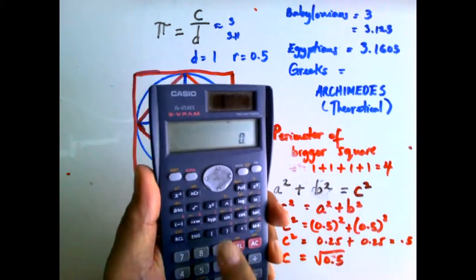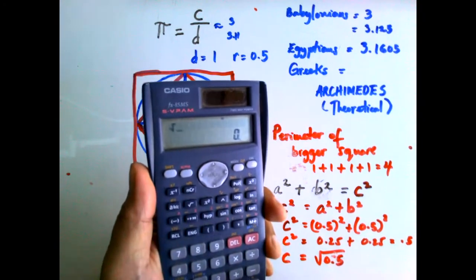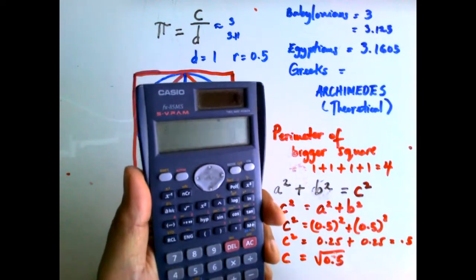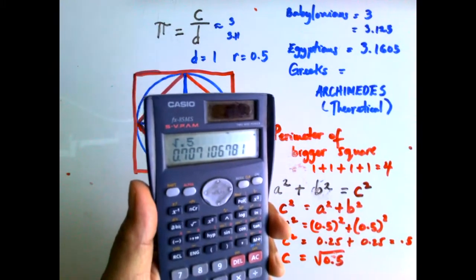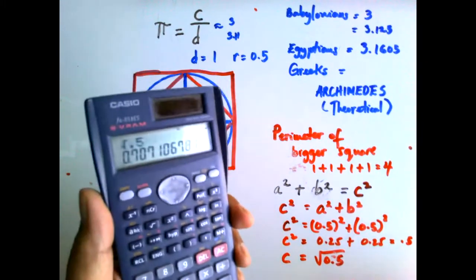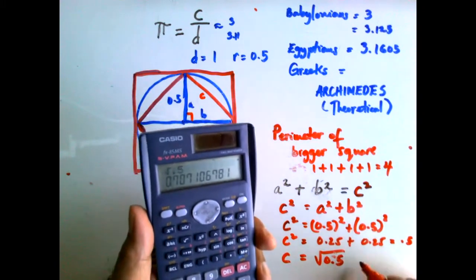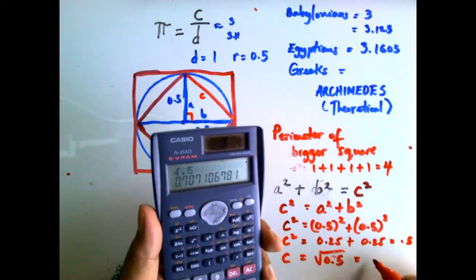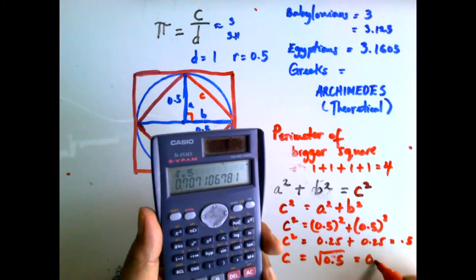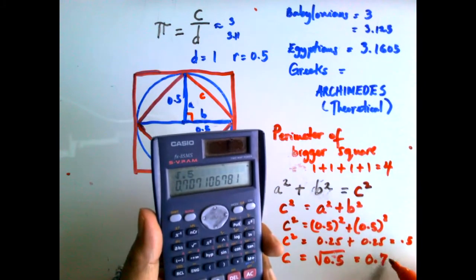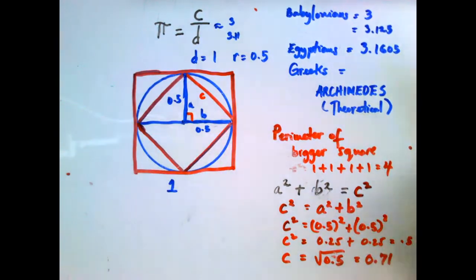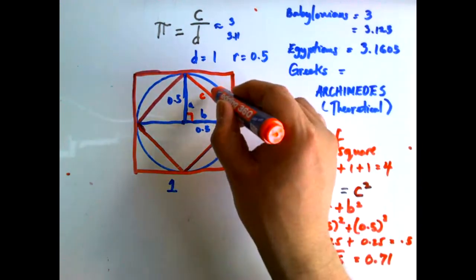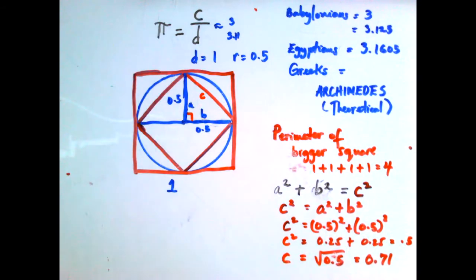The square root of 0.5 should be 0.707. Well, let's have 2 decimal places for this. So it should be 0.71. Now we have the value of c, and now we could get the perimeter.